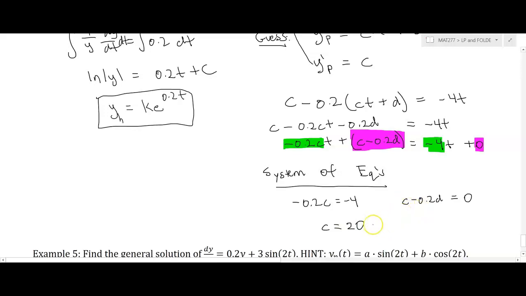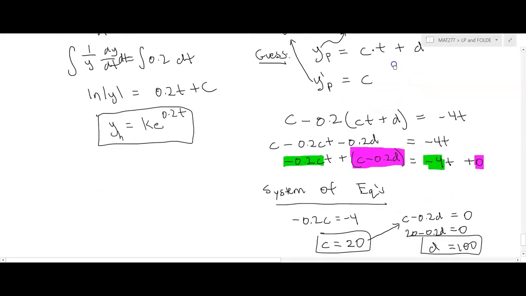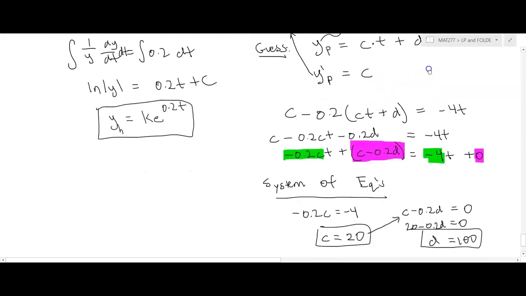Now I can substitute in 20 for c here and make this 20 minus 0.2d equals 0, and I get d is equal to 100. Great, so as long as c is equal to 20 and d is equal to 100, these two sides will be equal to each other, and so my y particular should be 20t plus 100.